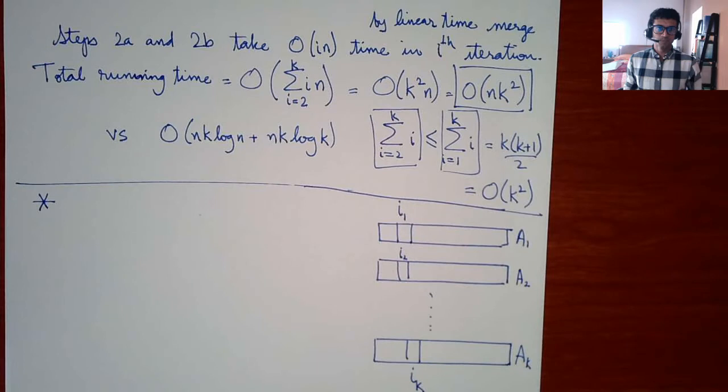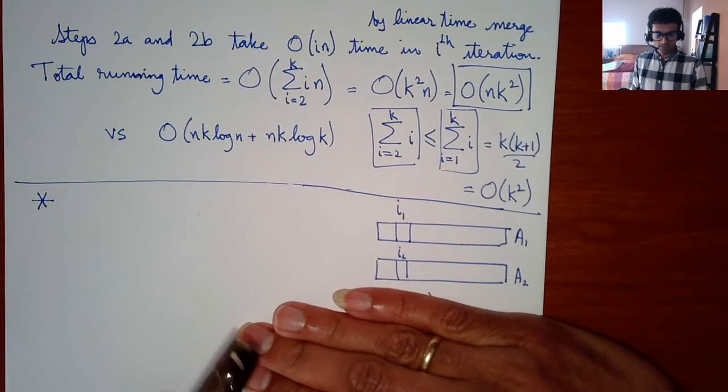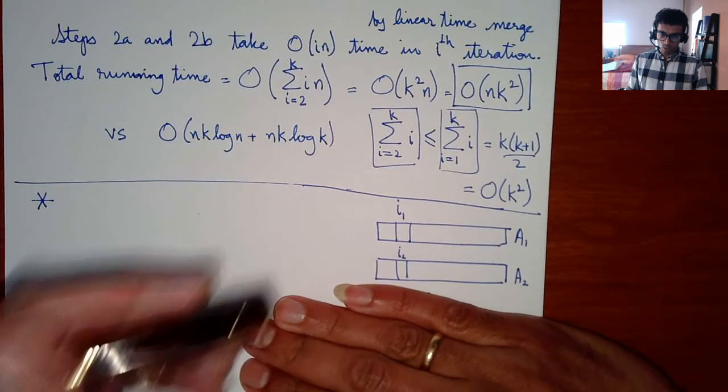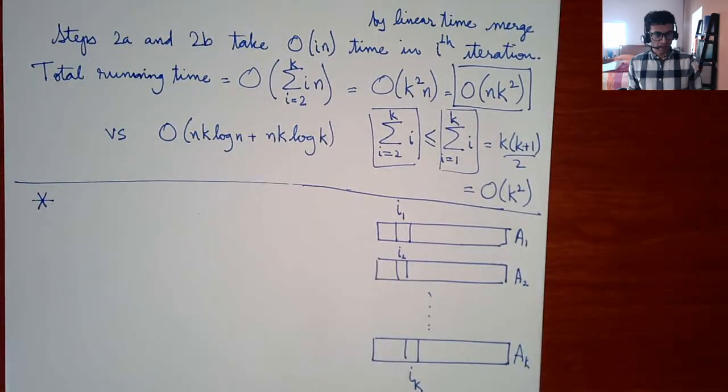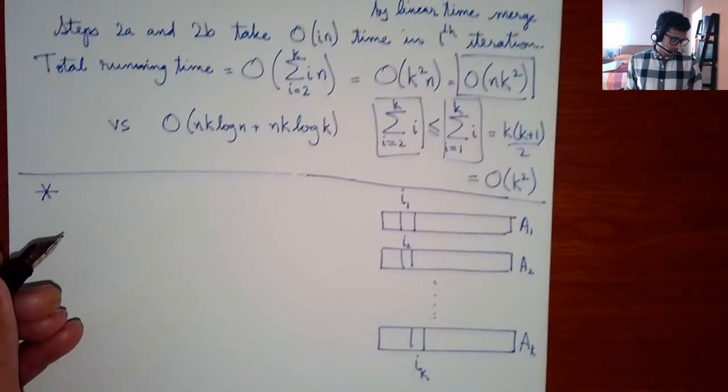I find the minimum from that, copy that to B, and then advance that pointer. When you merged two arrays, you would see whether A1 at i1 is smaller or A2 at i2 is smaller. The smaller one gets copied and then i1 would advance. But you could extend that argument to k. So let me now write this solution.